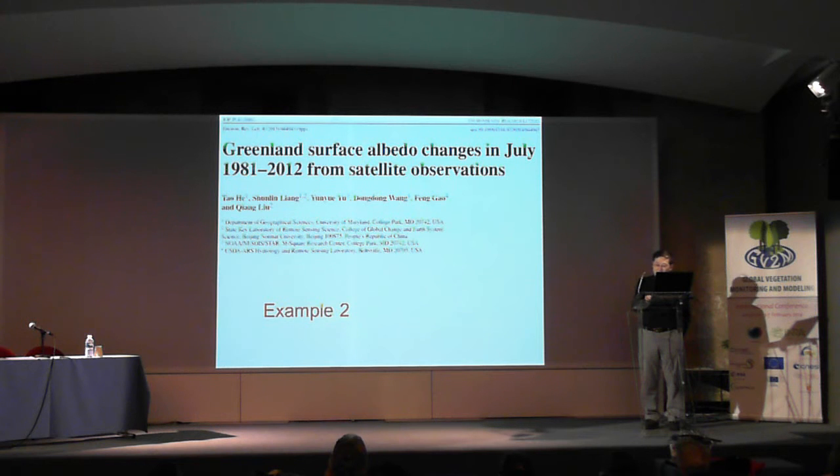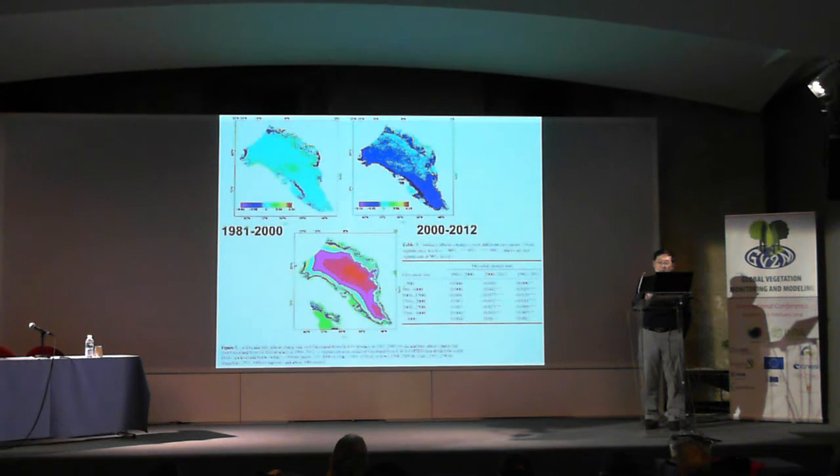surface albedo changes over Greenland in the past 30 years. This is the first 20 years, where the albedo change is quite small. And then in the last decade, the albedo change is quite significant. This is the summer over Greenland, in July, pretty much. Particularly in the low elevation region here, the albedo decreased very significantly.